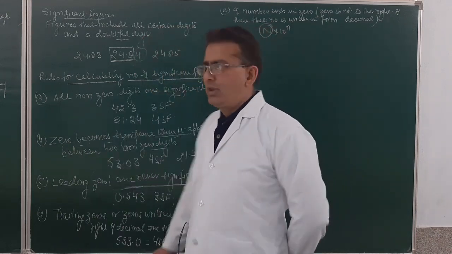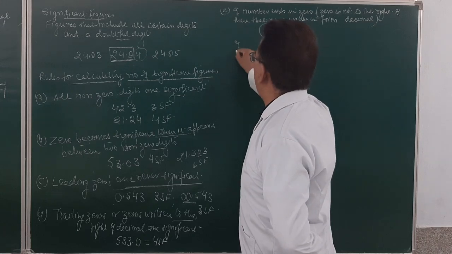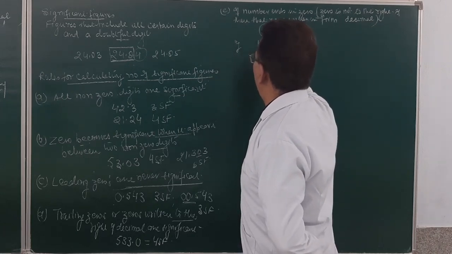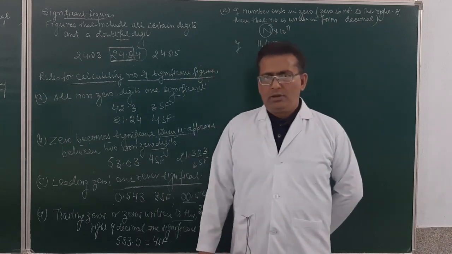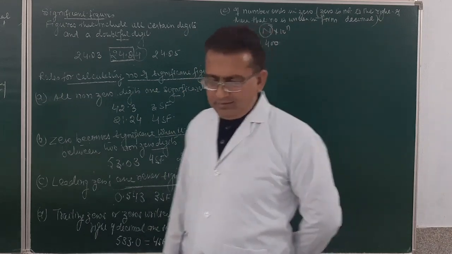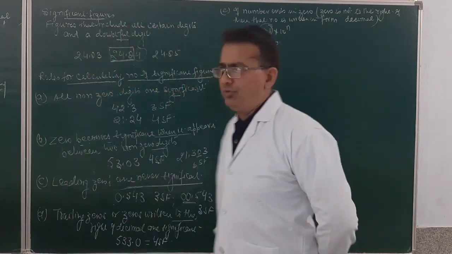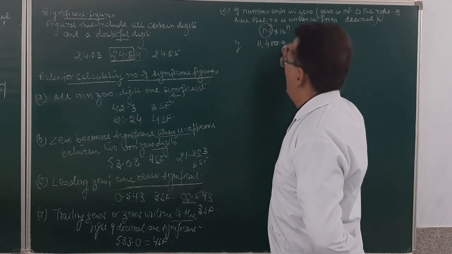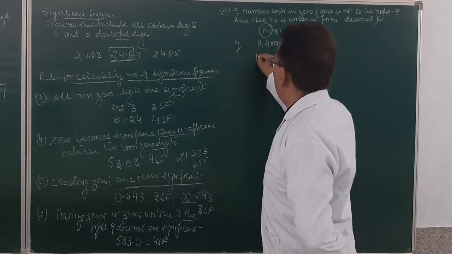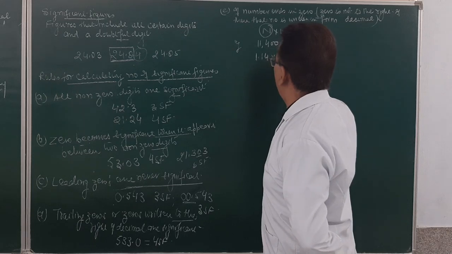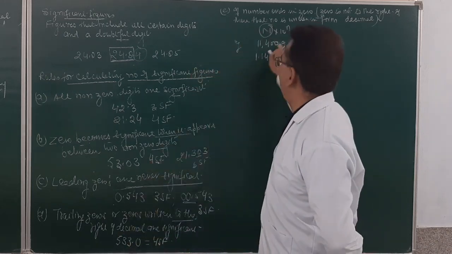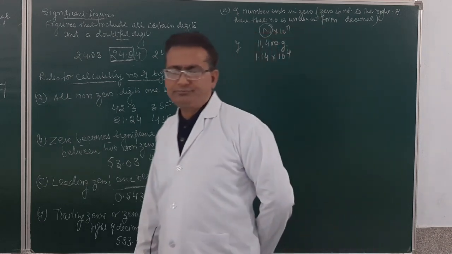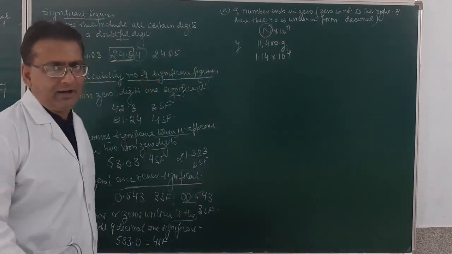Am I clear? As for example, if we take the number 11,400 gram and I write it in this form, 1.14 into 10 raised to power 4, if you multiply, it will come the same. Yes or not?